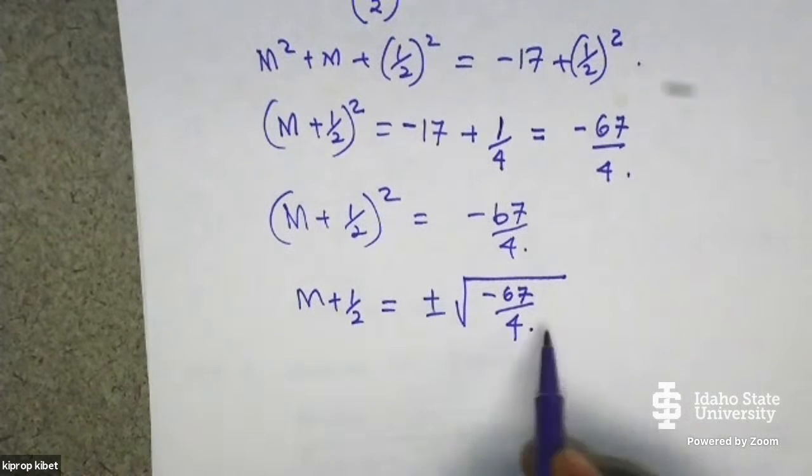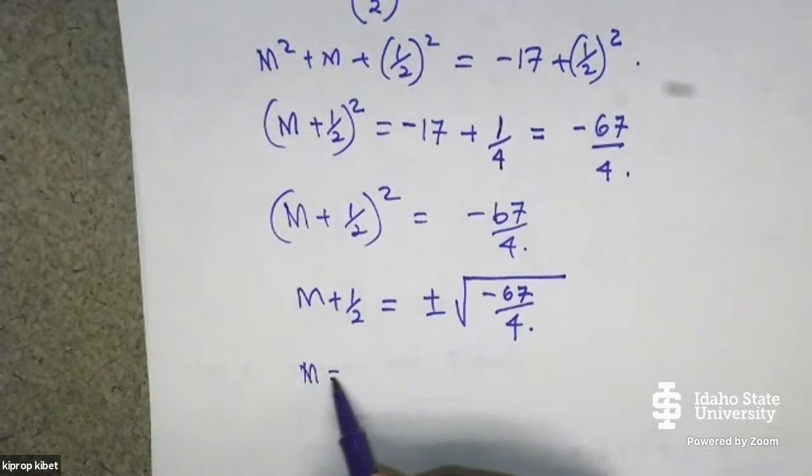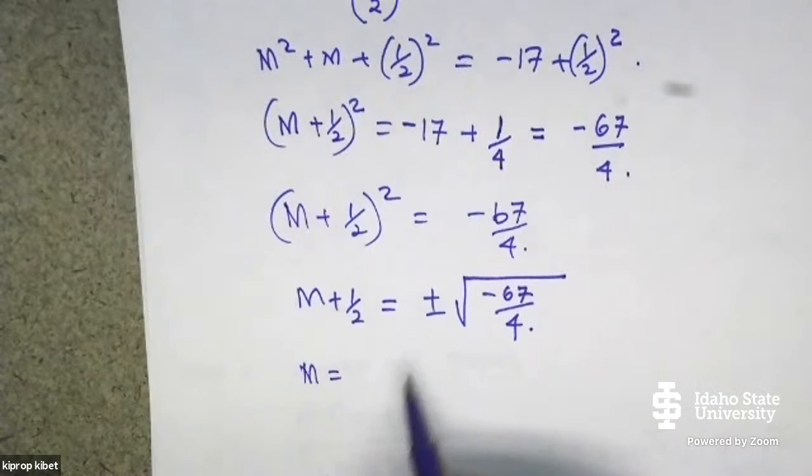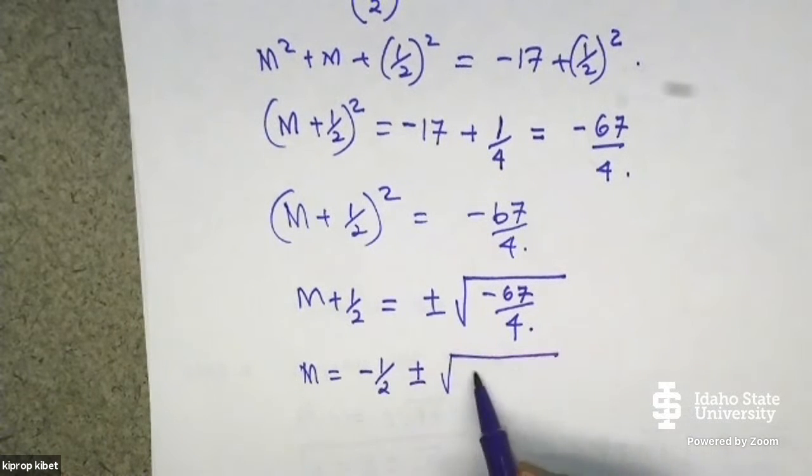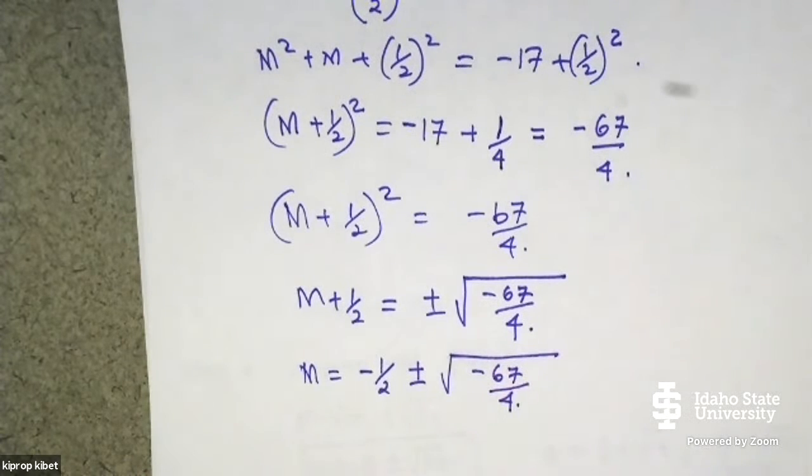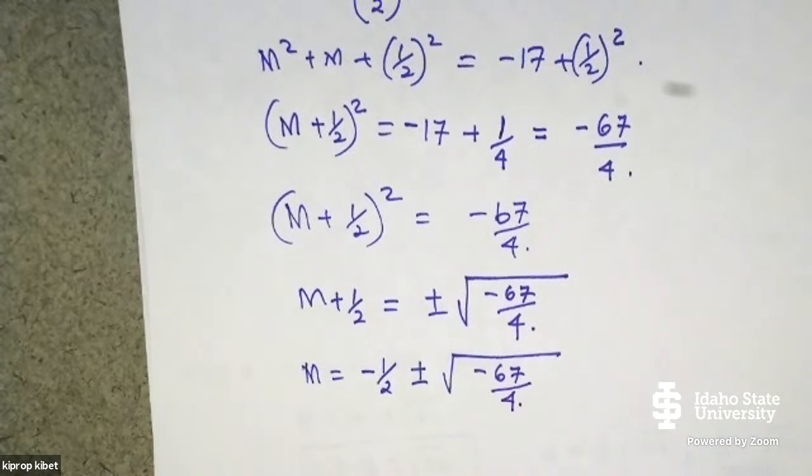Now, what is our m? We take this one to the other side. So m equals minus 1 over 2 plus or minus the square root of minus 67 all over 4.